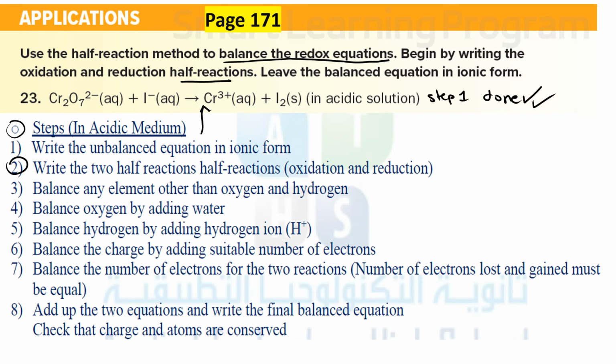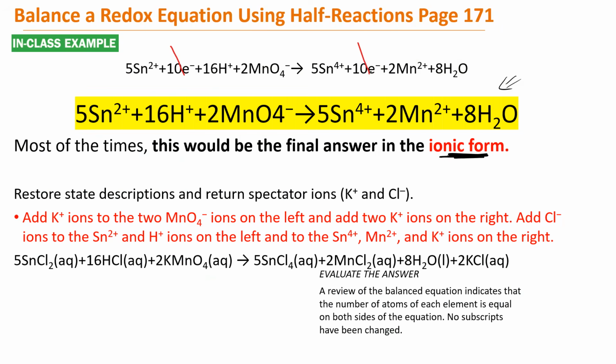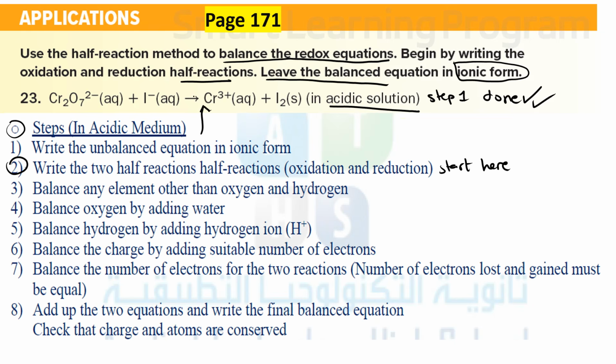So you will go directly to step 2. You start here. Okay, and here it specifies acidic solution and tells you to leave the balanced equation in the ionic form. Did you see how? So like this. Once you reach step 8, when you add the two equations and cancel electrons, that will be your final solution. Okay, so try this.